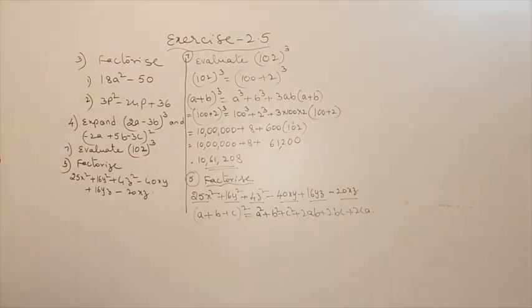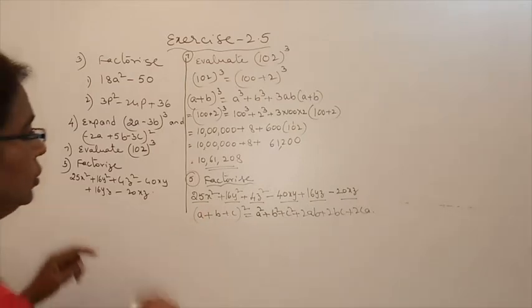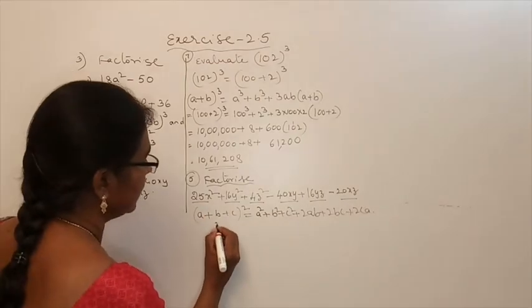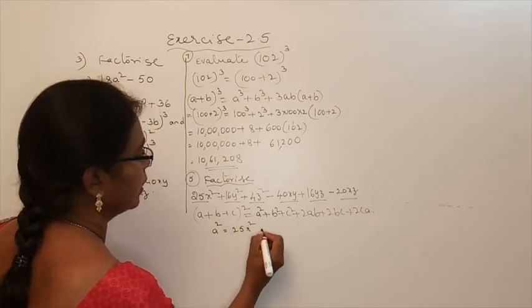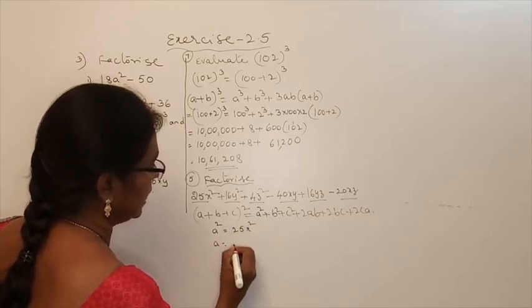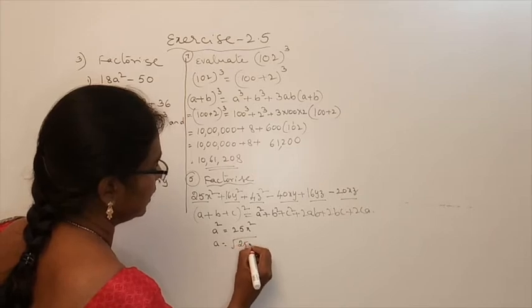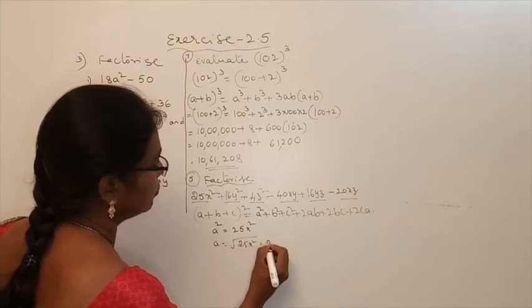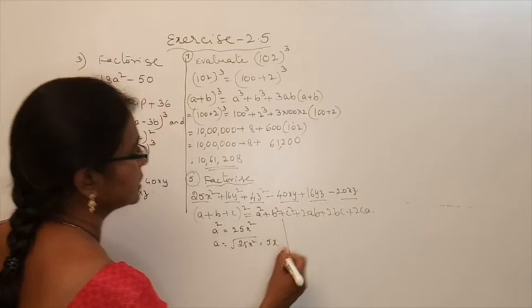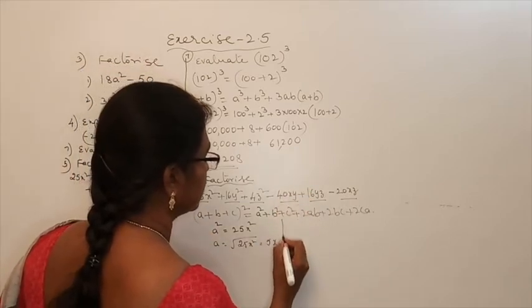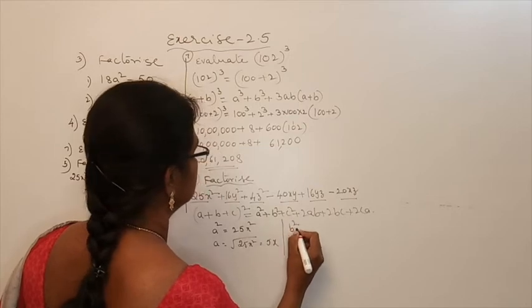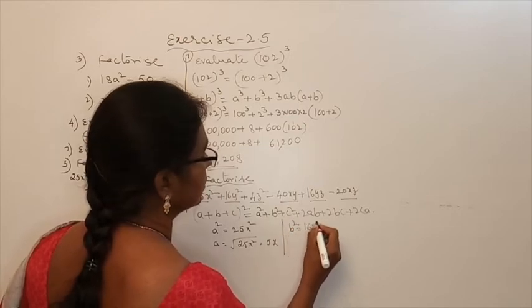Now here what is a square? A square is equal to 25x square. A is equal to under root 25x square, which is 5x. Next, b square is equal to 16y square.